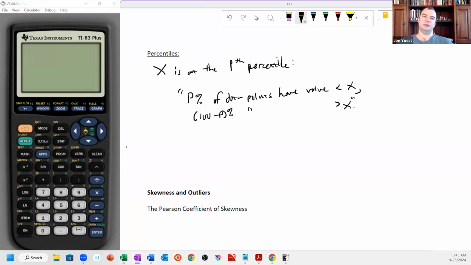So if you're at the 99th percentile, that's really good. If you're at the 2nd percentile, that's not so good. Be a little bit careful, because if you're at the 99th percentile, that kind of means you're in the top 1%. Or if you're like at the 3rd percentile, you're in the top 97%. So you have to be a little bit careful with the precise wording.